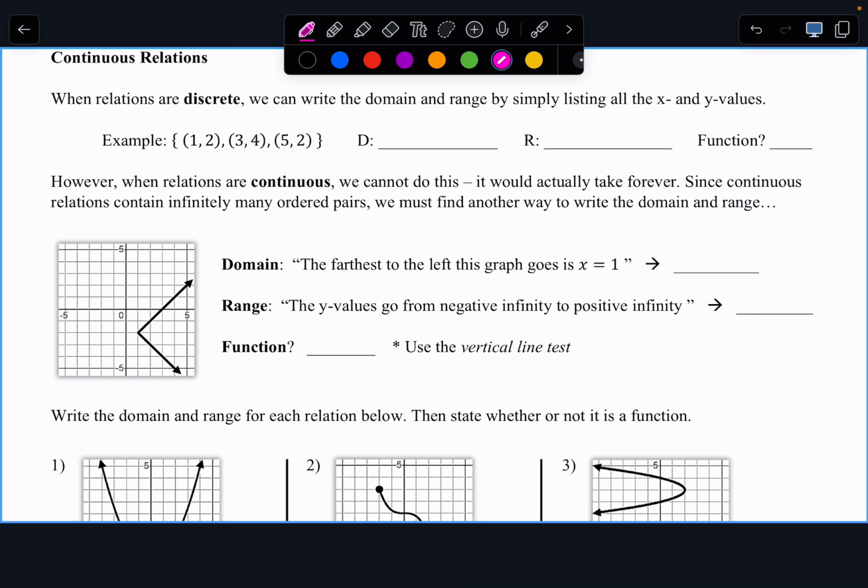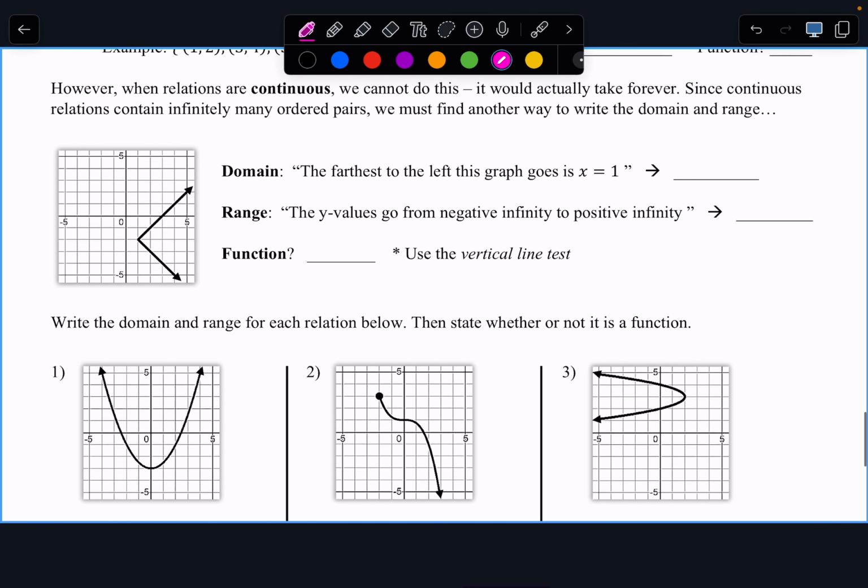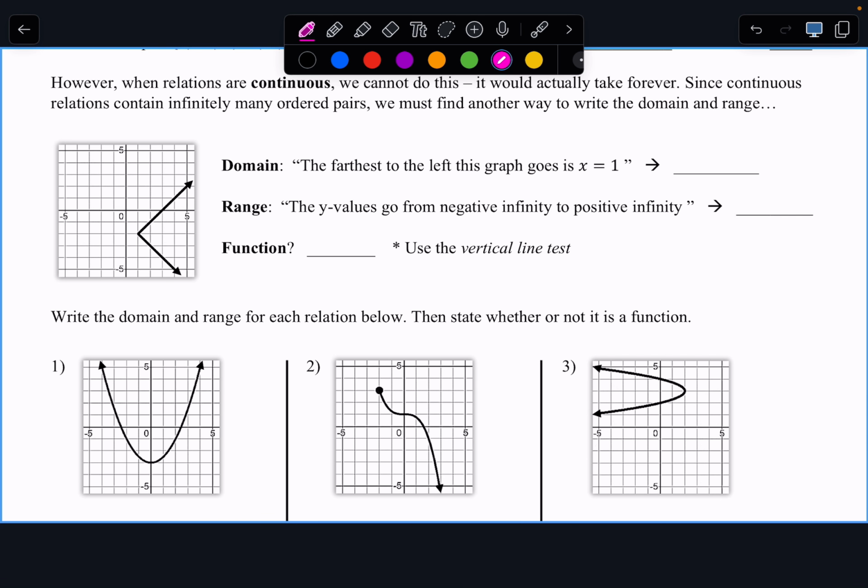That's what we just did. But when we have a continuous relation, we don't get to do that, okay? Because there's an infinite number of points.